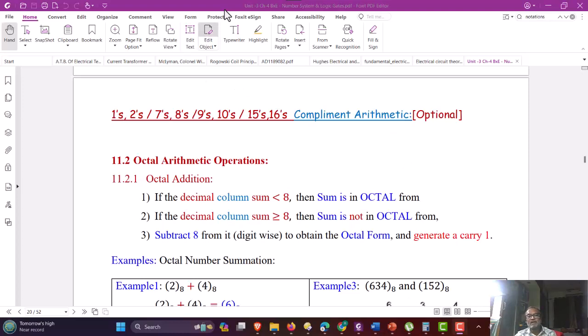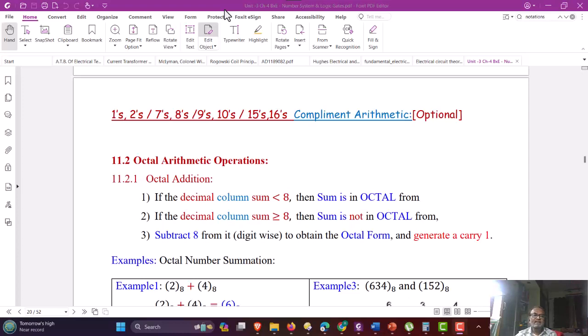The complement operations are available not only in binary system, but complement operations are available in decimal system and hexadecimal system and octal systems also.